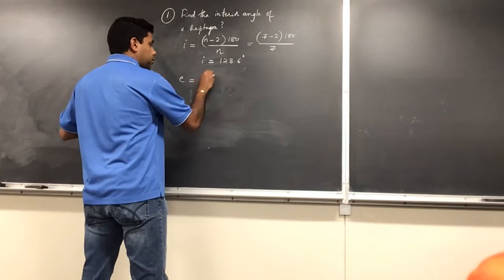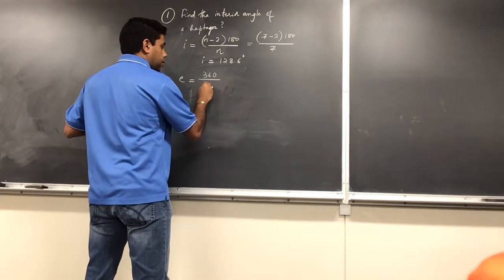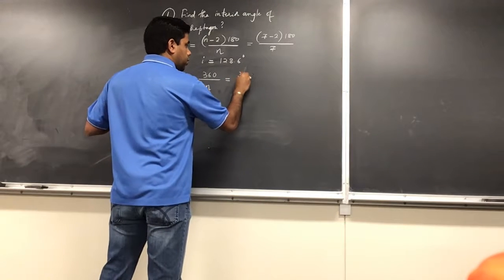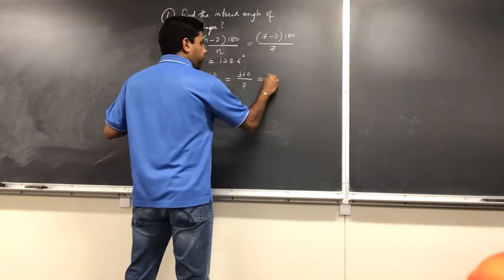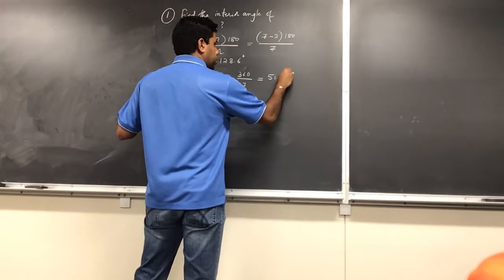What's the formula? 360 divided by 7. So 360 divided by 7 is 51.4 degrees.